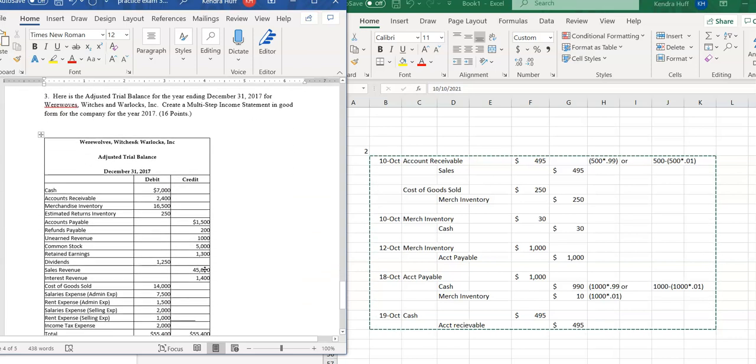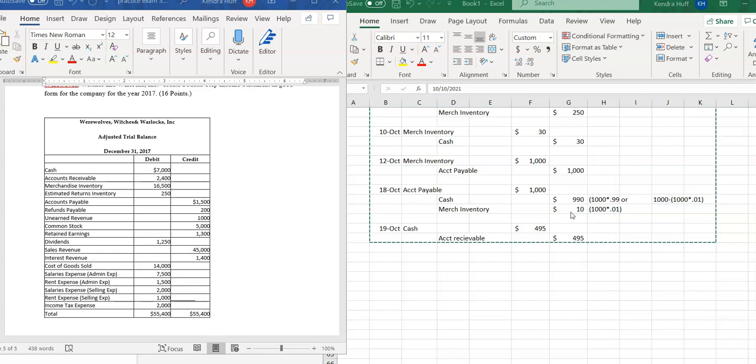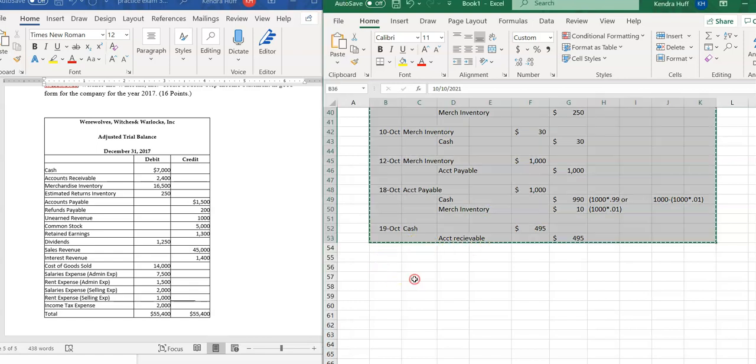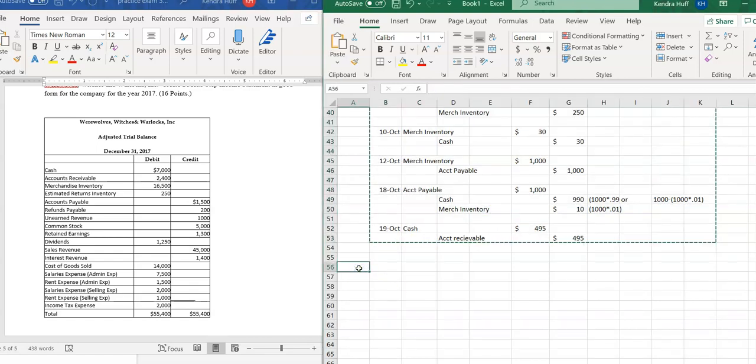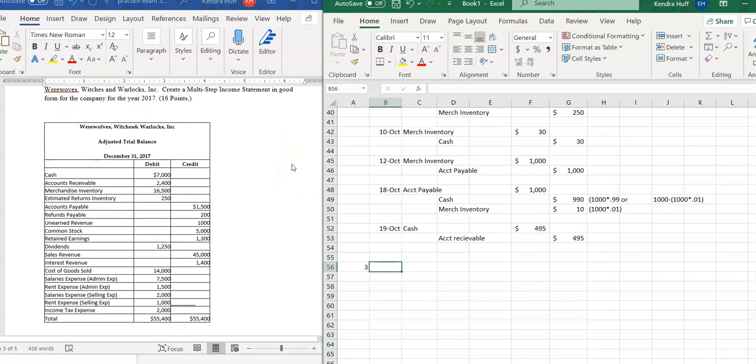All right, number 3. Okay, number 3. And number 3 might be our last one because the inventory counts for more. So number 3 is a multiple step income statement. And we have the title, Werewolves, Witches, and More.